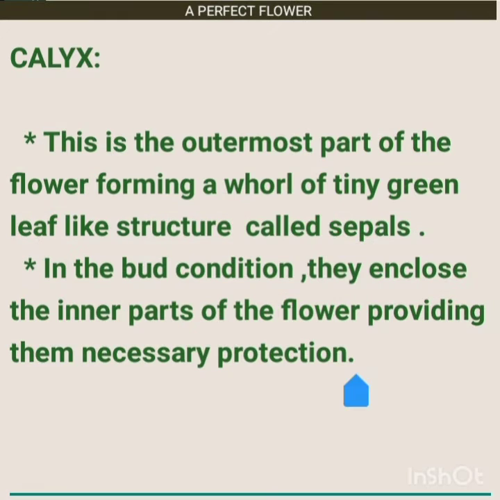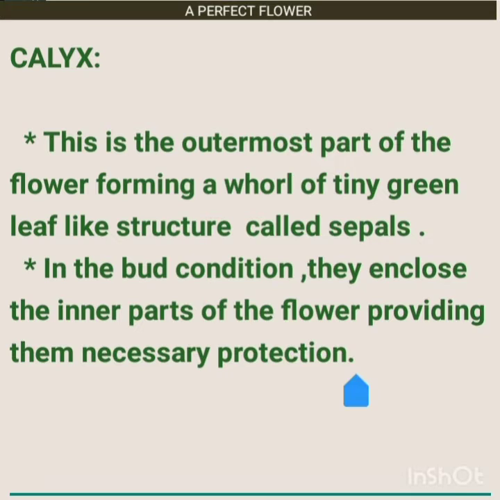First, calyx. Of the four whorls, the outermost whorl is the calyx. We will discuss it first. Calyx is the outermost part of the flower, forming a whorl of tiny green leaf-like structures called sepals.